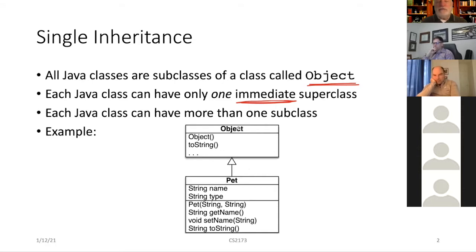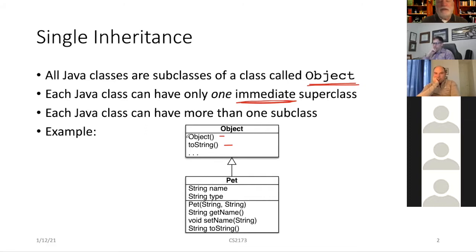So this Object class, again, UML has the name of the class. It has instance variables and instance methods. And so Object has a constructor. This is its constructor. And then it also has a method called toString. And it has a whole bunch of other stuff. I left them out here. Object is actually a fairly large class. But the two that are relevant to what I'm going to talk about today are these two things.